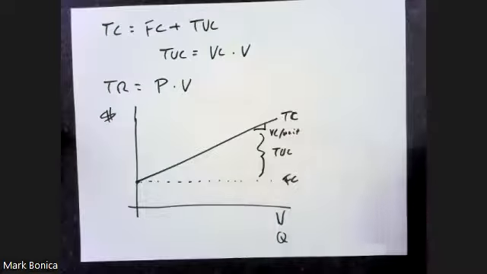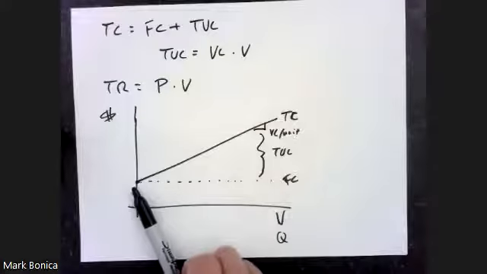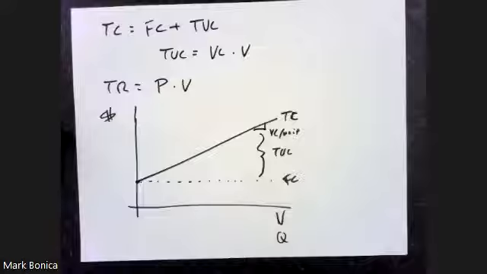So the total cost curve starts where fixed cost crosses the y-axis, where fixed cost is the intercept, and then the total cost line goes up at a rate equal to the variable cost per unit.